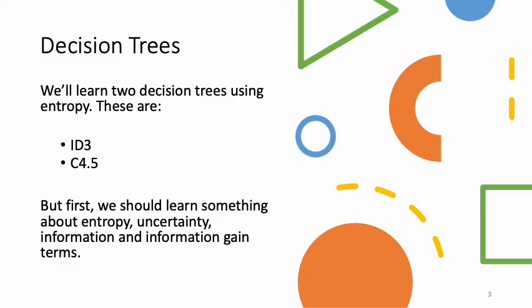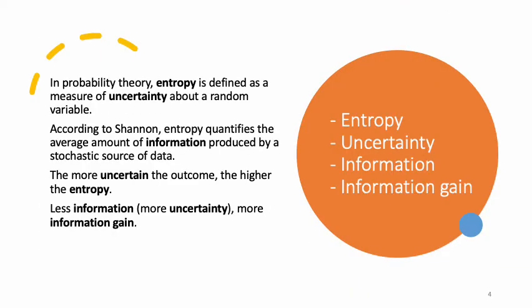We'll learn about two decision tree algorithms that use entropy, ID3 and C4.5. Before diving into these algorithms, it might be helpful to discuss some key concepts such as entropy, uncertainty, information, and information gain. In probability theory, entropy is defined as a measure of uncertainty about a random variable.